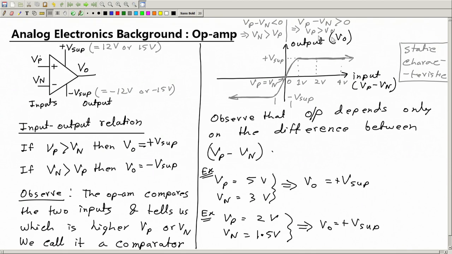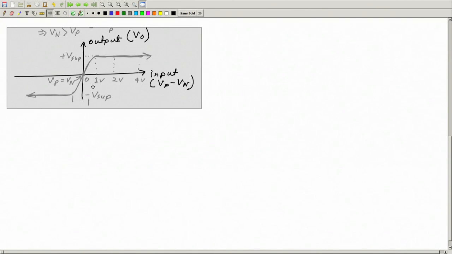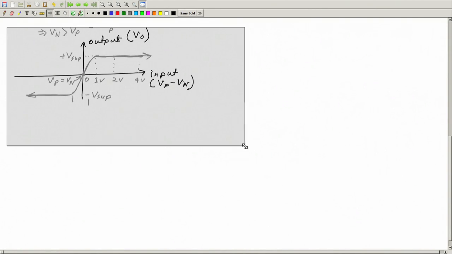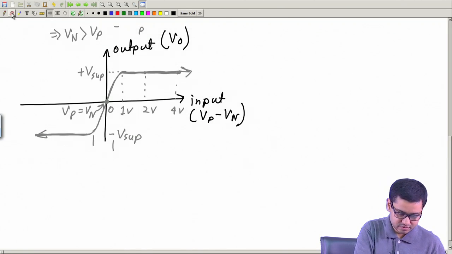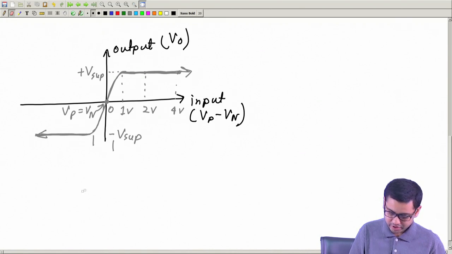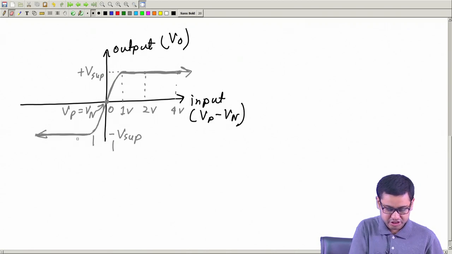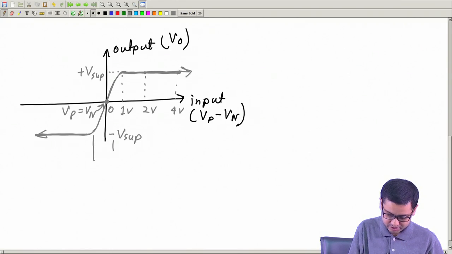Let me just copy this diagram. Let me just zoom into this part only.